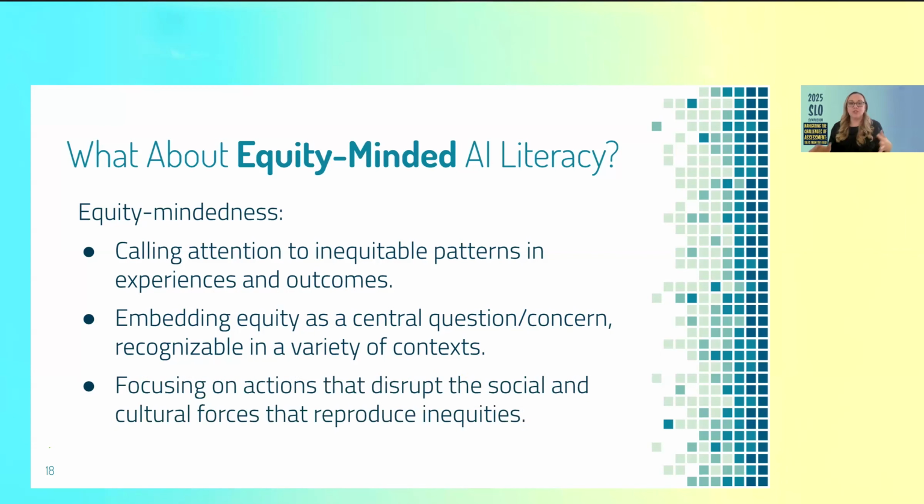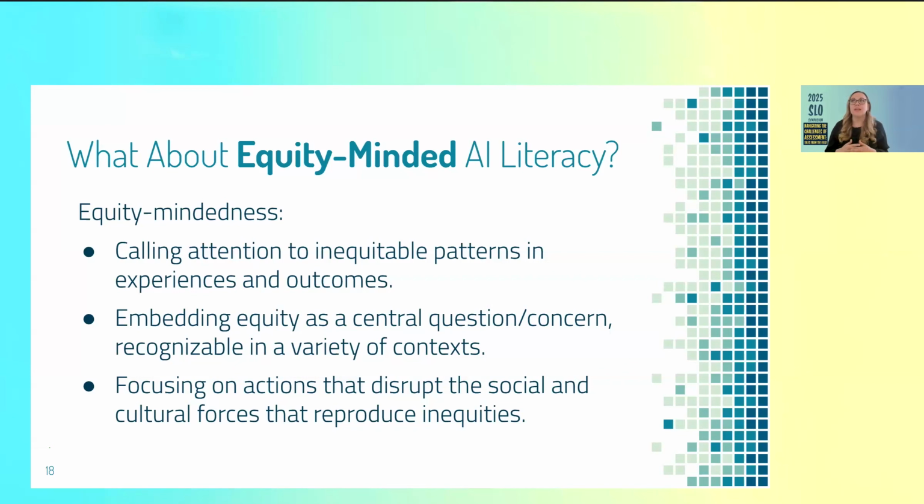And from there, it's almost like a lens that you put onto your glasses to make everything filtered through that lens. Once you can see the equity implications of many different things, then you can focus on actions that would disrupt those things, disrupt the social and cultural forces that are creating the inequities that you're witnessing.